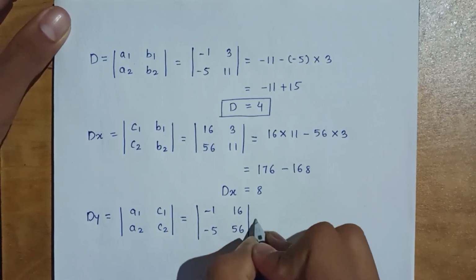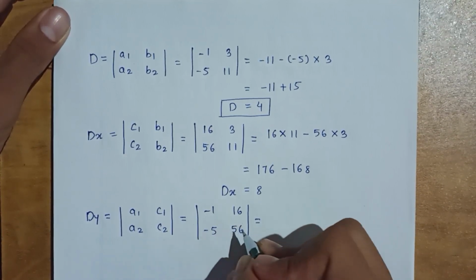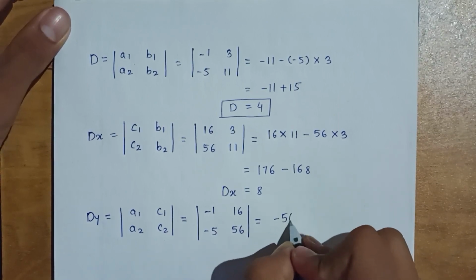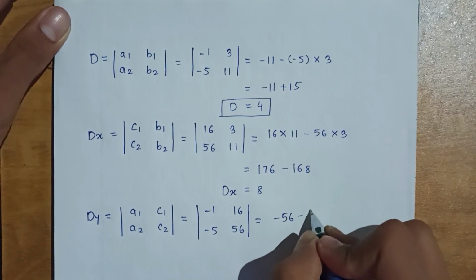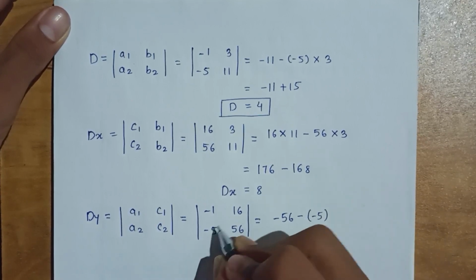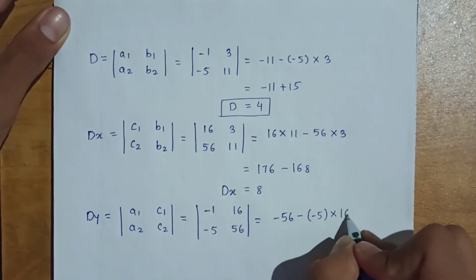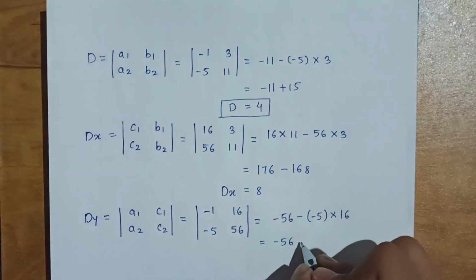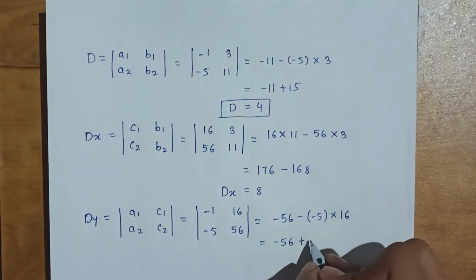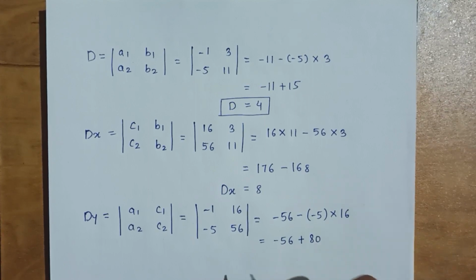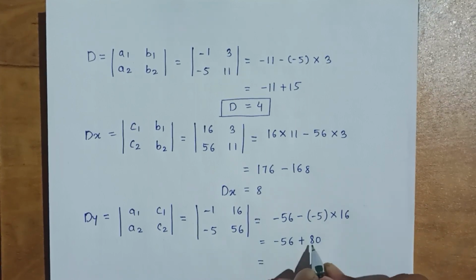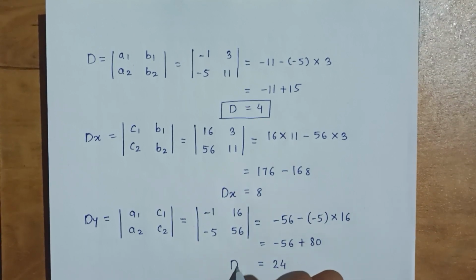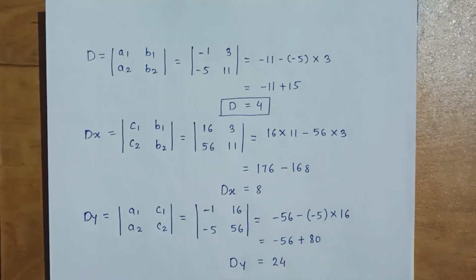So we'll do the multiplication: 56 into -1 gives you -56, minus -5 into 16. So it will be -56, minus of minus will become plus, 16 5s are 80, so 80 minus 56 gives you 24. So the value for dy is 24.